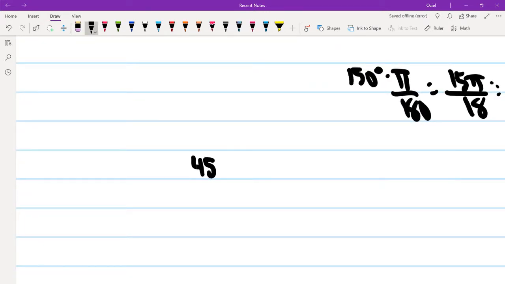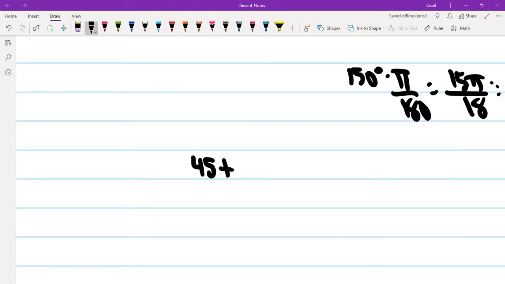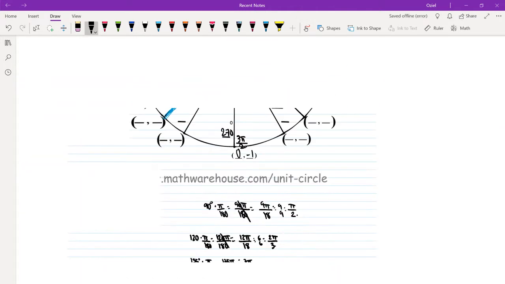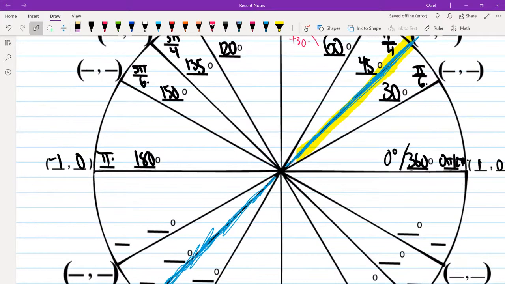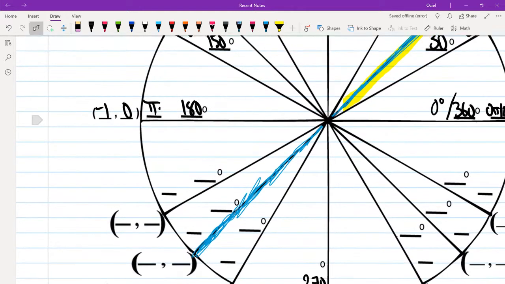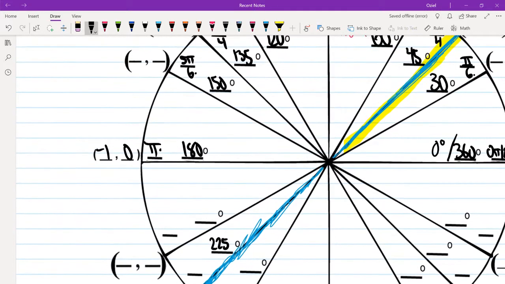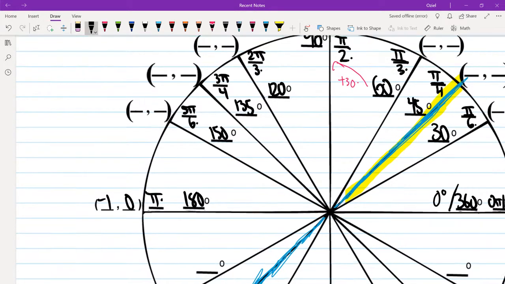So you would say 45 plus 180, and then you would say 225 for here. So this would be 225.